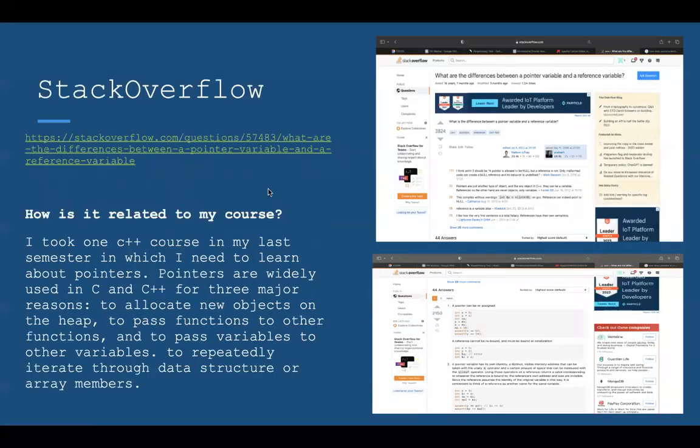Here is my Stack Overflow account. The question I chose was, what is the difference between a pointer variable and a reference variable? Last semester I took a course in which I needed to learn about pointers and variables.